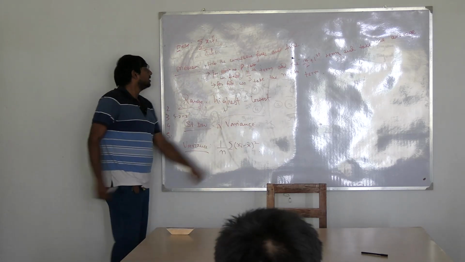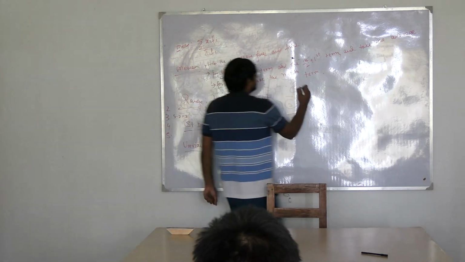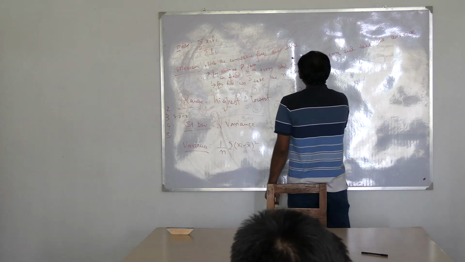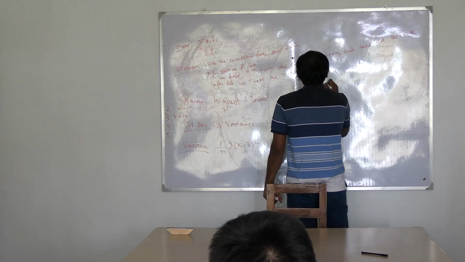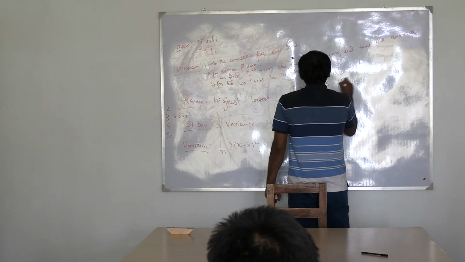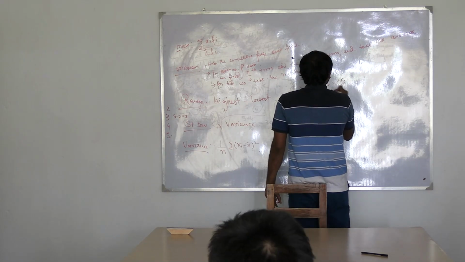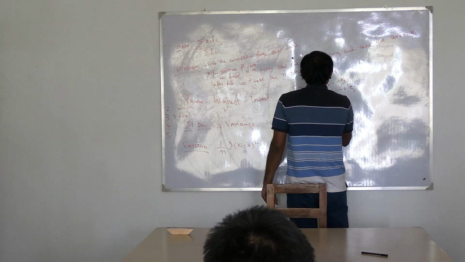Everyone knows what this is. We just have all the observations 2, 3, 4, 5. The mean is 3.5. So what are we doing? We are just subtracting. 2 minus 3.5 is minus 1.5. 3 minus 3.5 is minus 0.5.